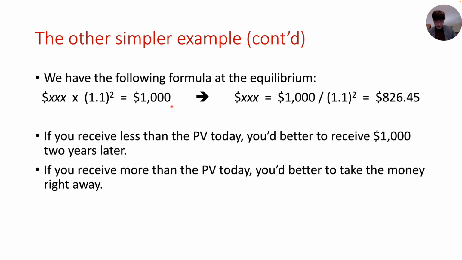With simple math, the equilibrium value is 826.45. So, if you receive less than this amount today, you'd better choose the second option. But if you receive more than this amount today, taking the money today is the better option.